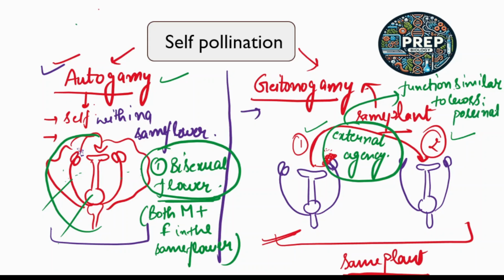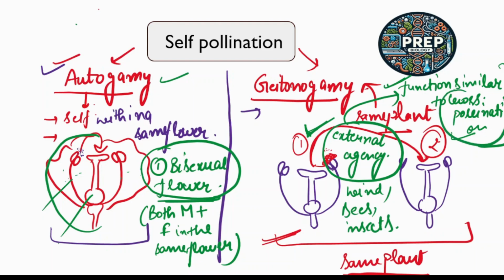This line is very important. Functionally, geitonogamy is similar to cross pollination. Why? Because it requires external agencies like wind, like bees, like insects for the transfer of the pollens, as in the cross pollination. That's why it is functionally similar to the cross pollination.